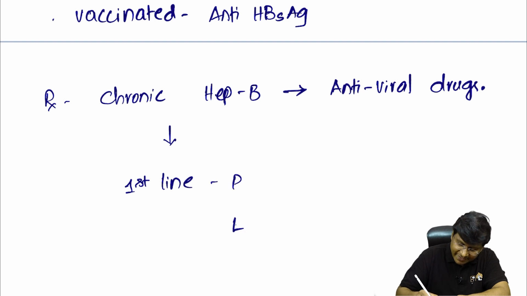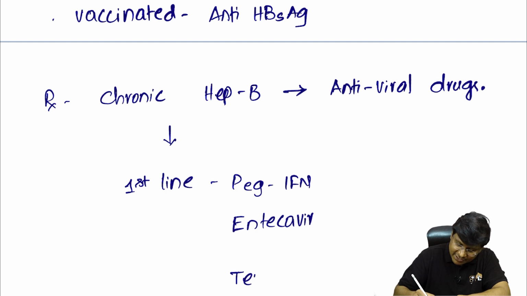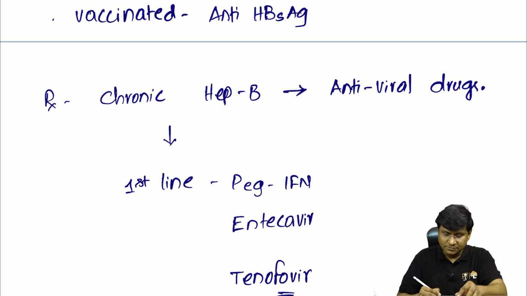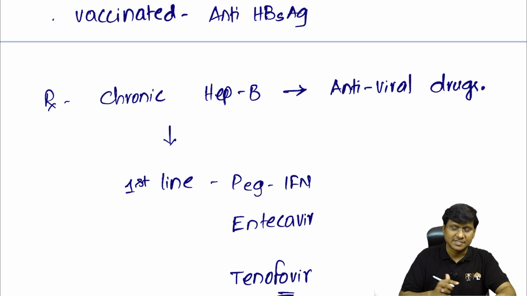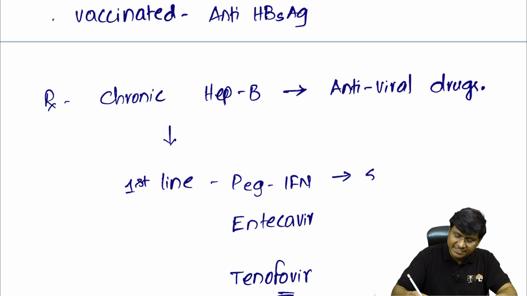That includes PET. PET stands for pegylated interferon, E stands for entecavir, and T stands for tenofovir. These are the first line. The pegylated interferon is given through the subcutaneous route, whereas these two are given through the oral route.